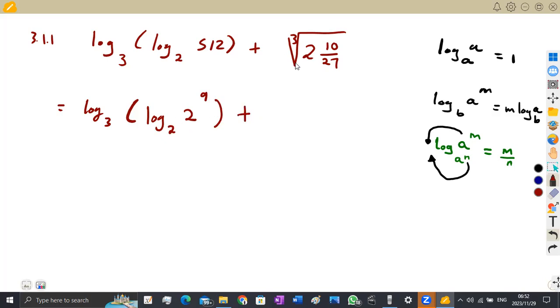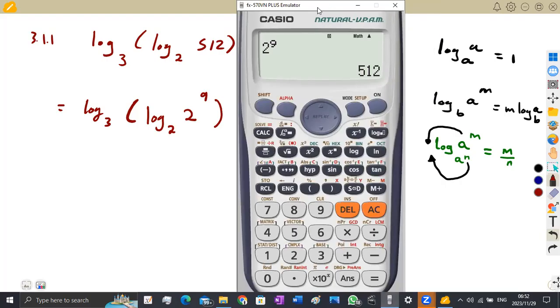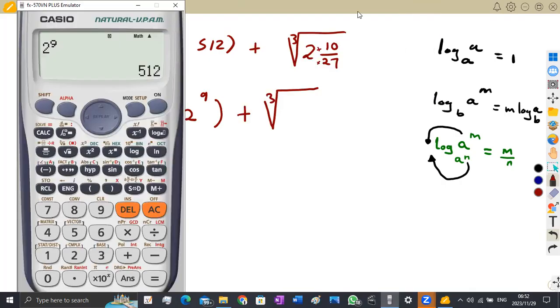Plus, let's come here. We've got the cube root of this number, which is the same as the cube root of, if we simplify this, we know that we are supposed to multiply, then we add 10. These two we multiply, then we add a 10. But no one is going to understand that you have used this calculator to simplify this part. So let's take this out.